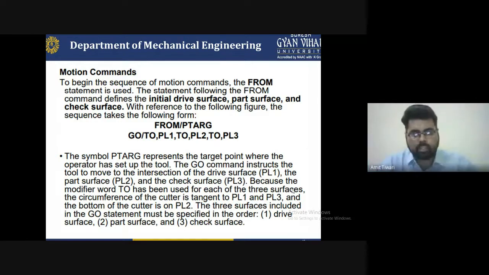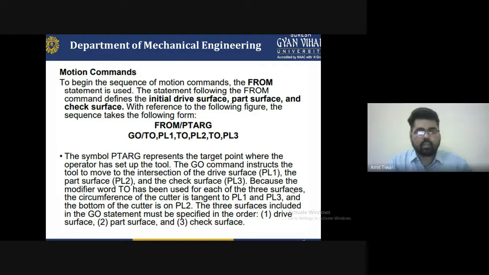Since the modifier word is applied to the cutter for each of the three surfaces, the circumference of the circle passes tangentially, at points P1 and P3. The bottom of the cutter is on PL2, and the three surfaces join very clearly.